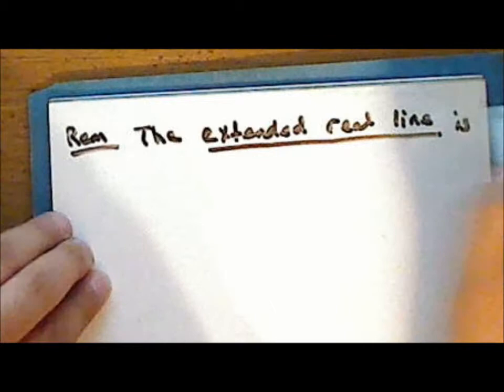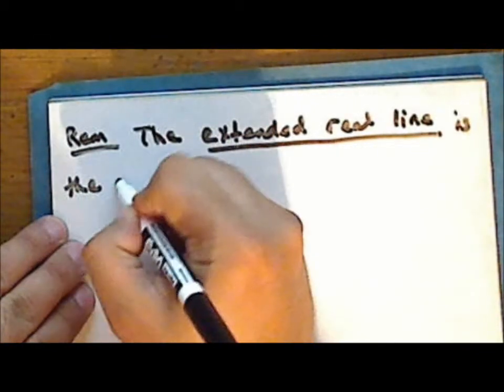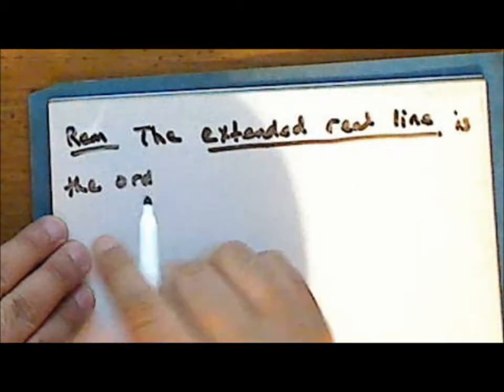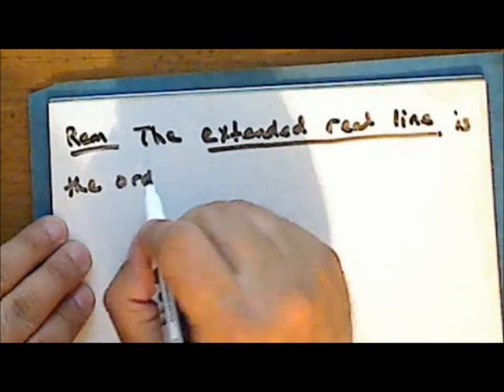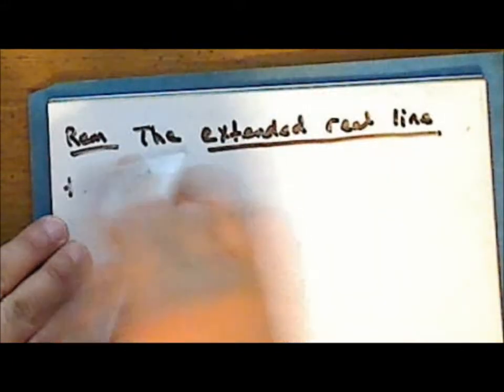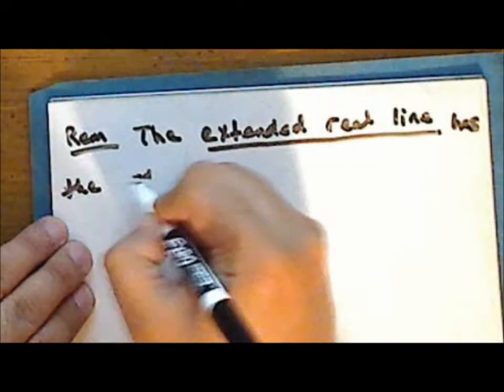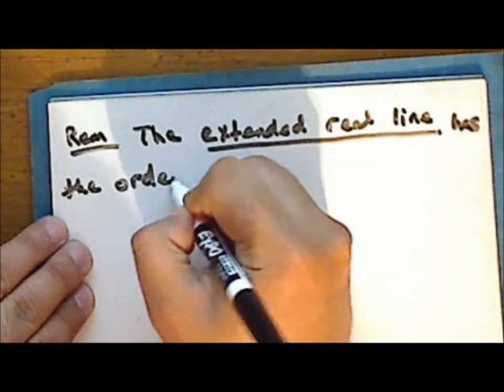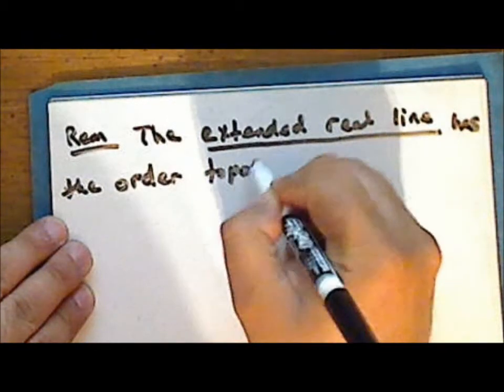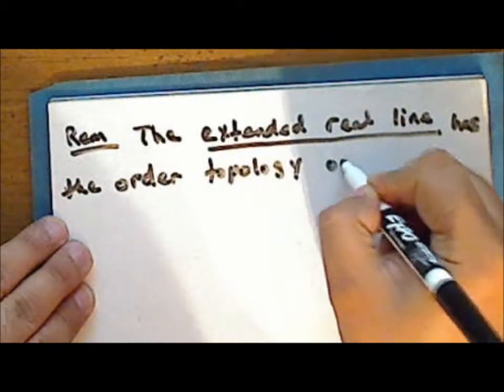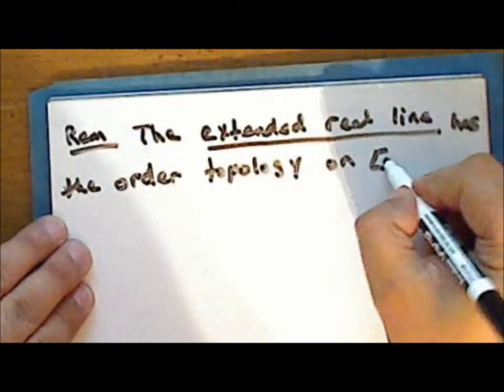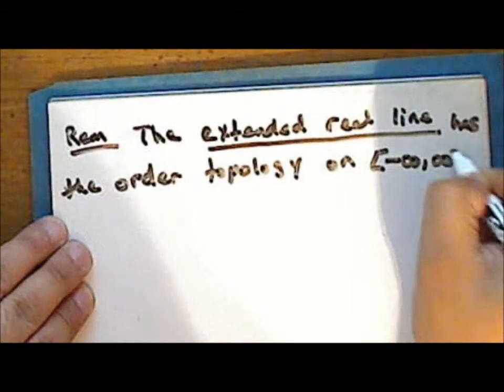The extended real line has the order topology on this set from negative infinity to positive infinity inclusive.